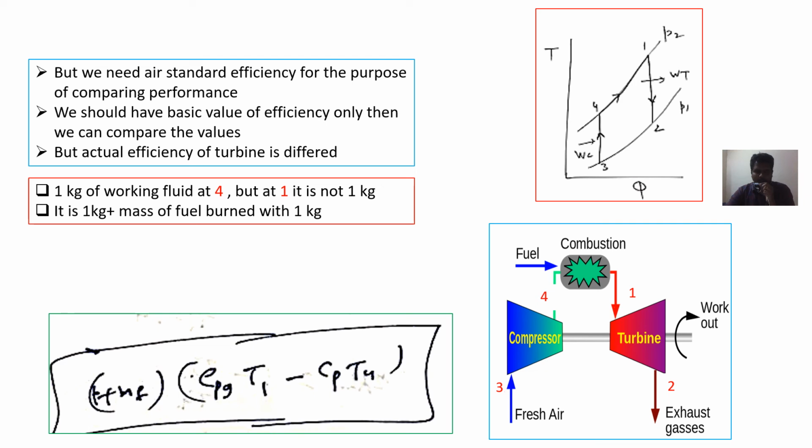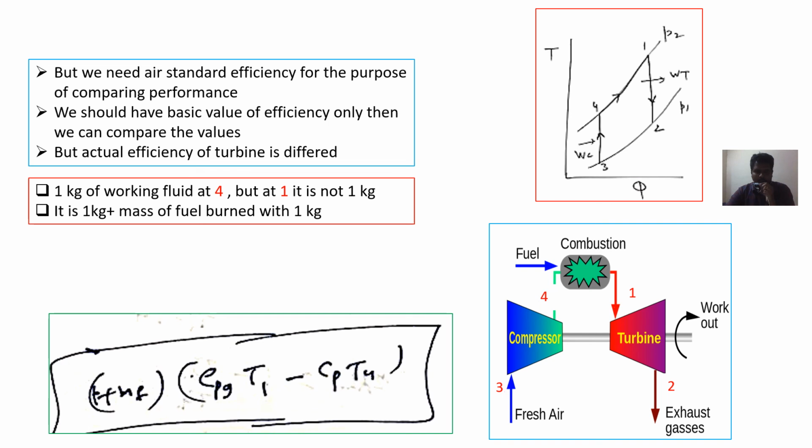The other important point is, if you look at the TS diagram, the process 4 to 1 is the heat addition process in the combustion chamber. So generally heat addition Q equals Cp into T1 minus T4.